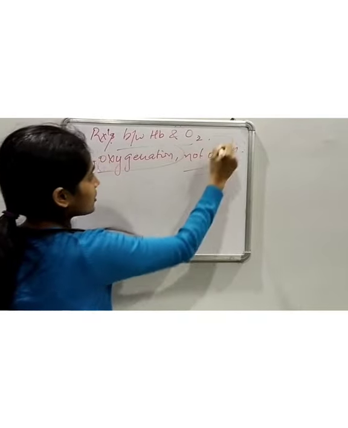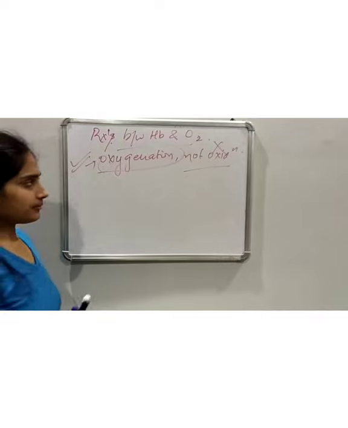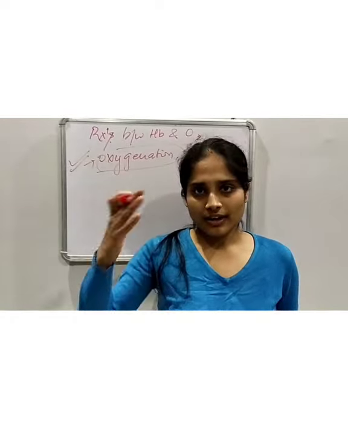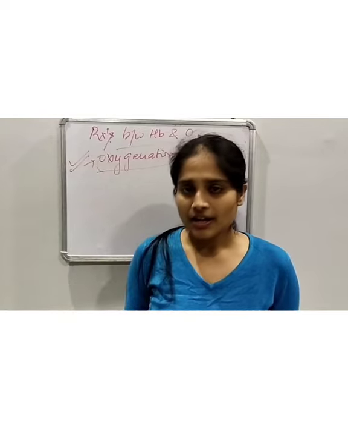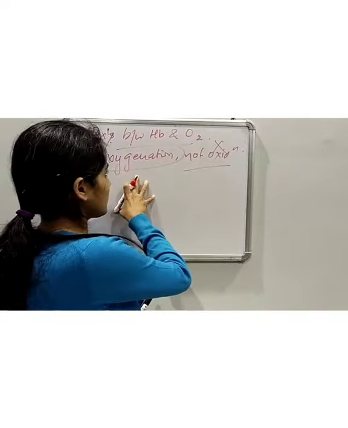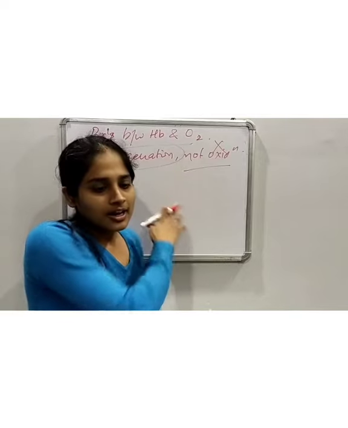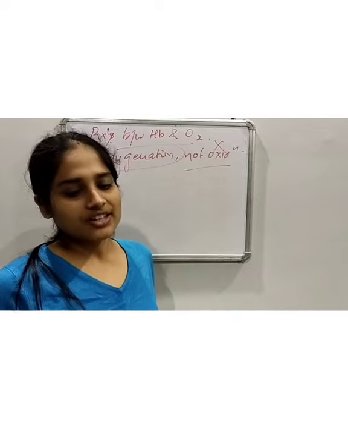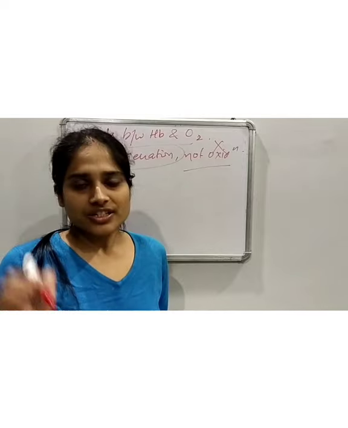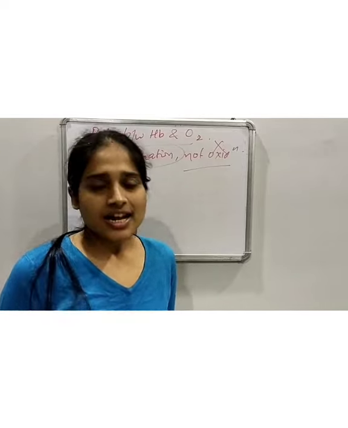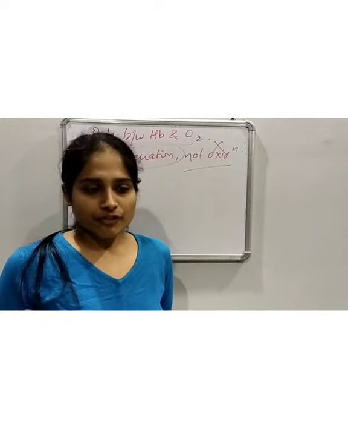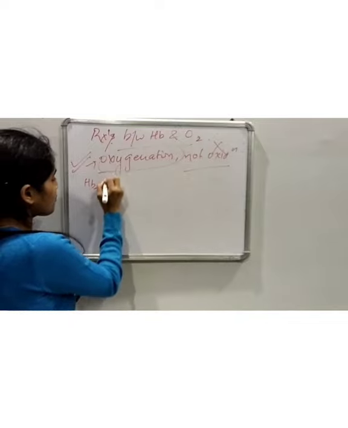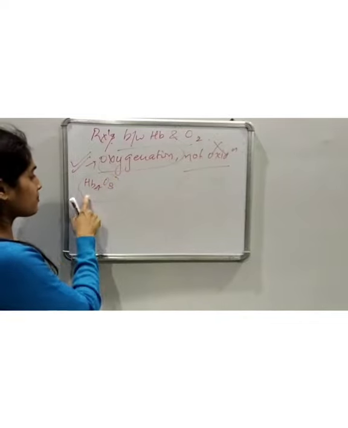There is a series of steps during the oxygenation of hemoglobin. Each hemoglobin molecule reacts with 4 molecules of oxygen and forms Hb4O8, and it transports oxygen in this form, Hb4O8.